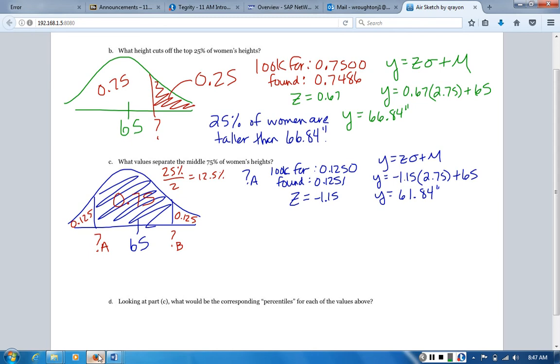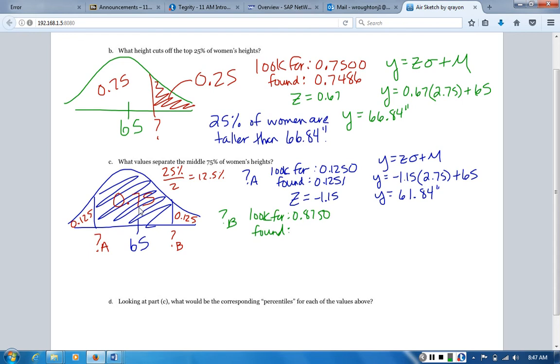Now we need to do question mark B. So looking at it, how much is to the left of it? Well, I have the 0.75 plus that 0.125 piece, so I need to add those two numbers together. That should give me 0.875. I also know my z is going to be positive from my picture.